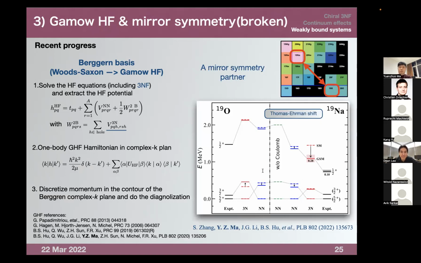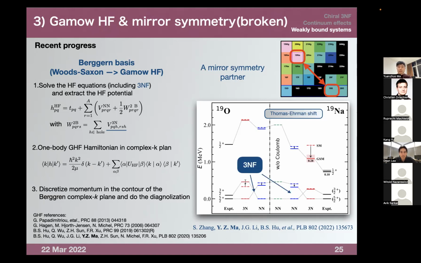If we exclude the Coulomb force, we can see from those two columns that they actually behave quite similarly, showing quite good mirror symmetry. But they cannot get the right ground state and the first excited state spin information. If we include the three-nucleon force, that situation could be changed.